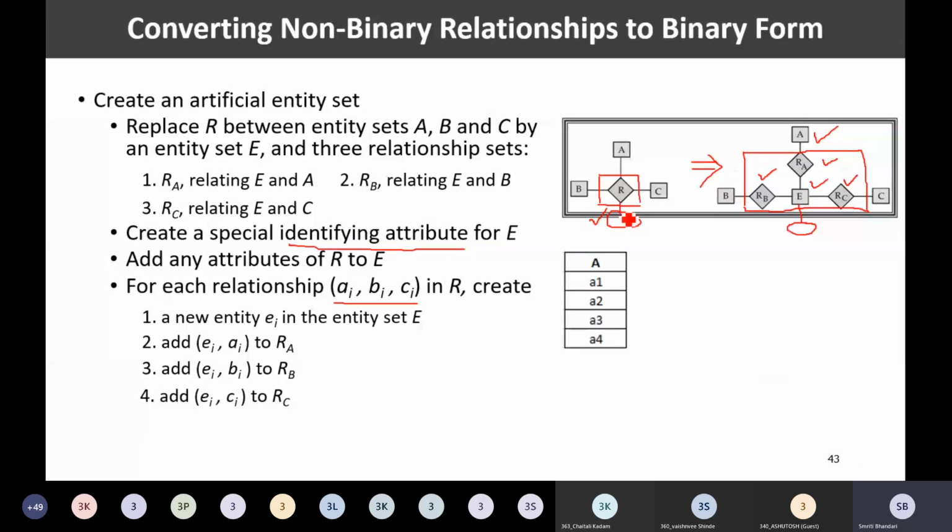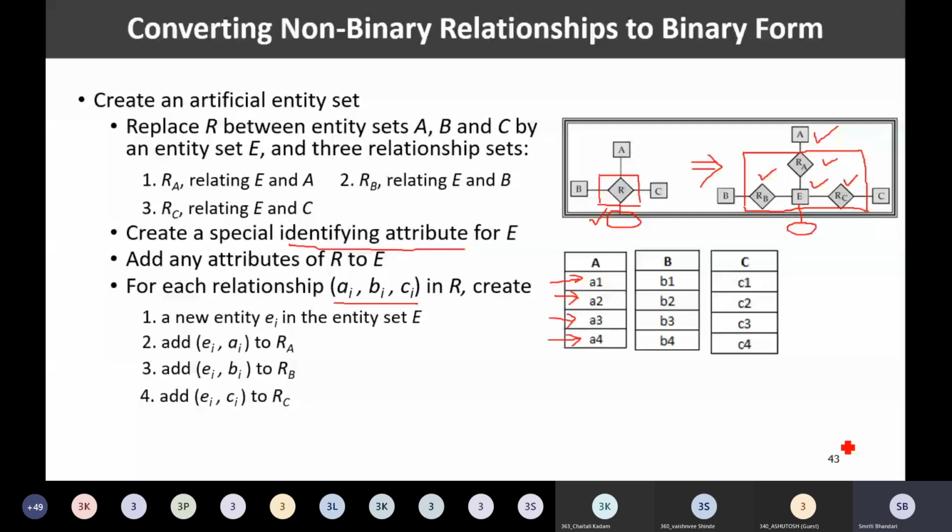Let us assume that in this entity set A, we are having the entities stored with the identifiers, say A1, A2, A3 and A4. So these are the four entities being stored in A. Similarly, B is storing four entities, B1, B2, B3, B4. Let us assume that C is also storing four entities, C1, C2, C3, C4. Right?